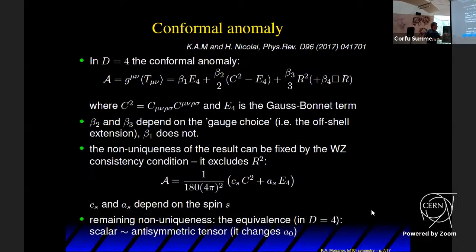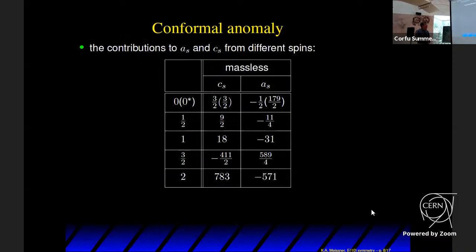So there remains a non-uniqueness, namely the scalars can be replaced by an antisymmetric tensor in 4 dimensions. We are all talking about 4 dimensions. It changes A0. So those are the numbers. As you see, they are very strange, for example, for 3/2 and 2. And that's what we have obtained in this paper, these 3/2 and 2, the rest was known.